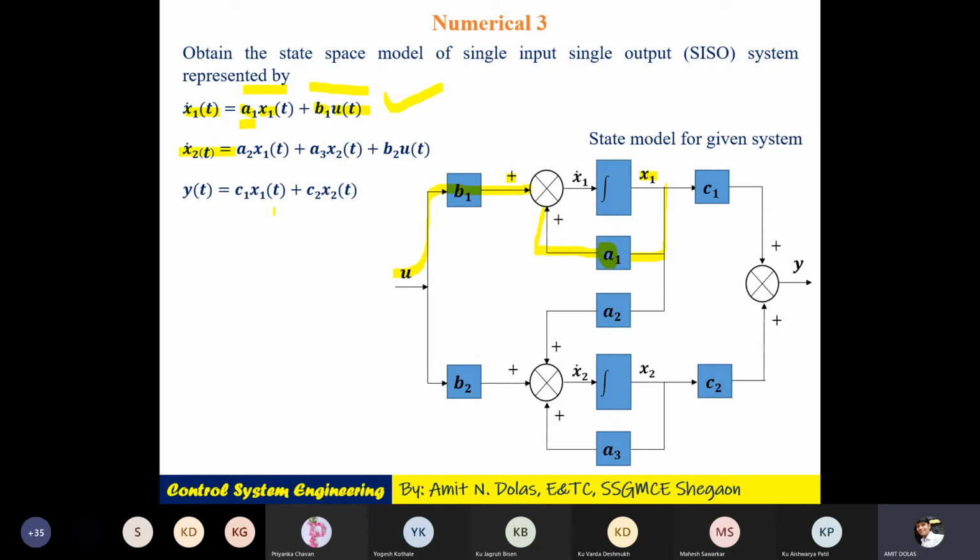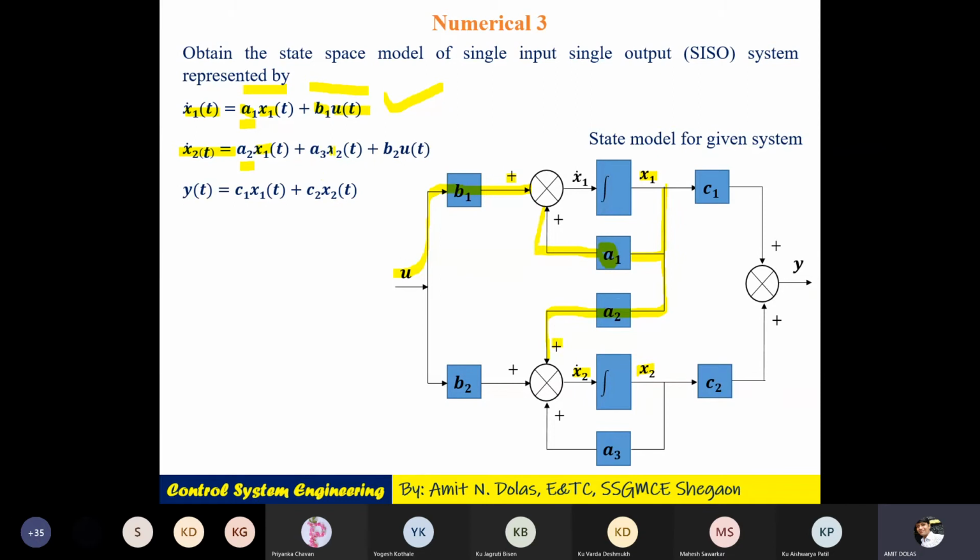Let's see for x2. x2 कहाँ है x2? This is x2 dot. x2 dot कैसे बना है? Let's see. पहला term x1, x1 के साथ a2. Where is x1? x1 we are drawing one line. a2 is element. Drop to the summing block. Sign is plus.